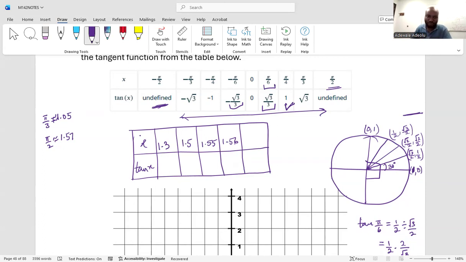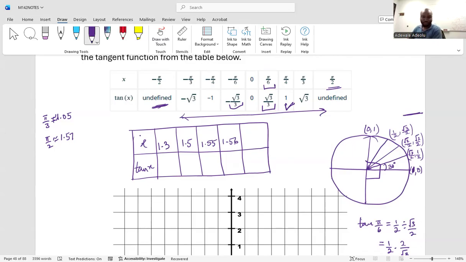But let us see what is happening. Make sure your calculator is in radian when you are doing this. So when you find tangent of x, that is tangent of 1.3, you can only use a calculator to do that, even though we say we are not using a calculator in this class.